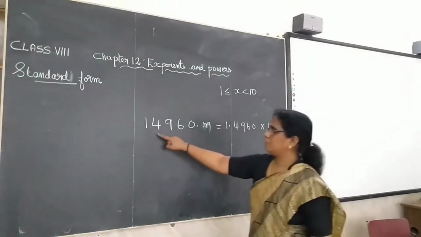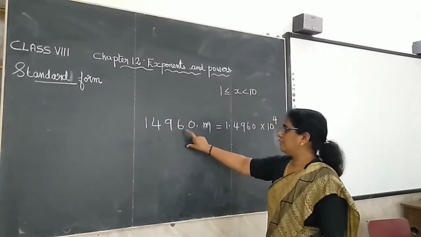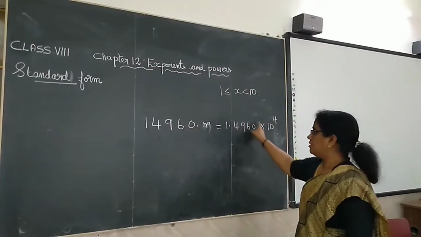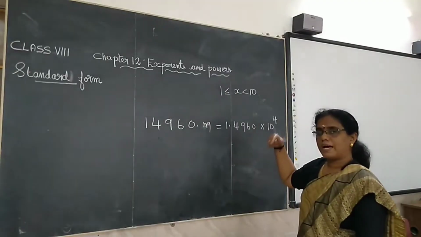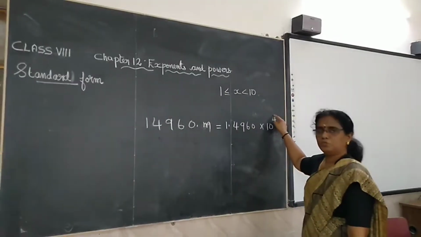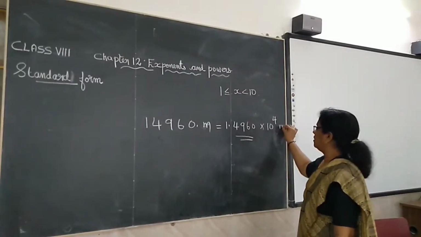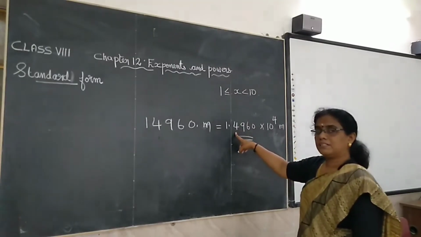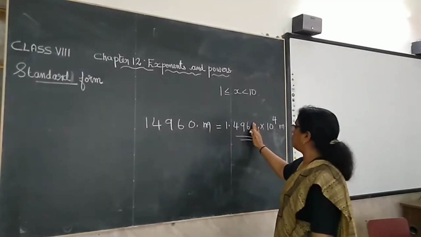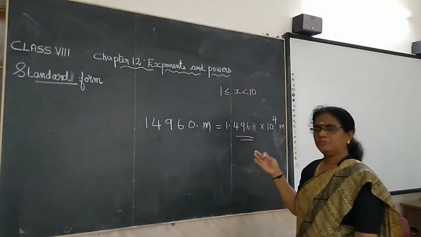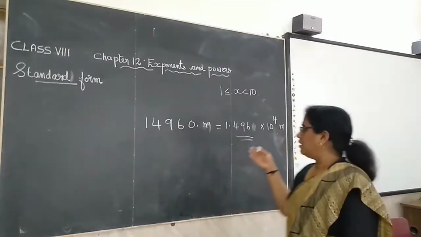Because the original number was this, and when we write it this way this part becomes very small, to balance it the power should be positive. So this is the answer of this question. And 1.4960 you can write as 1.496 also. If there is a 0 at the last and you are not writing it, no problem.